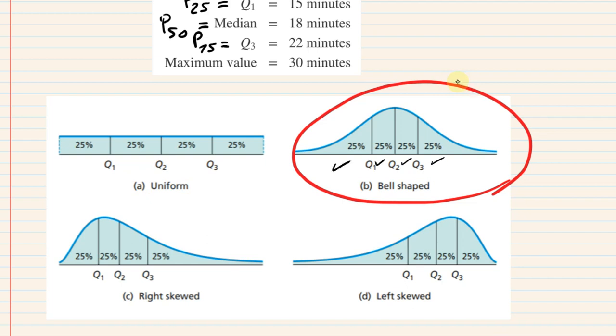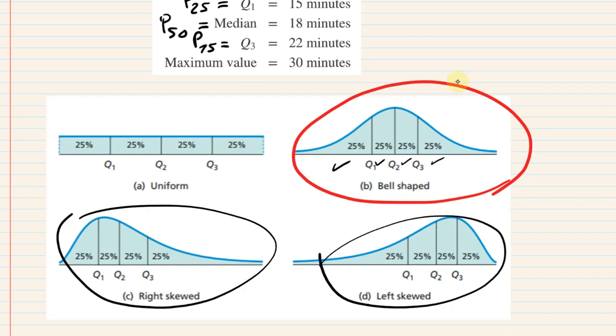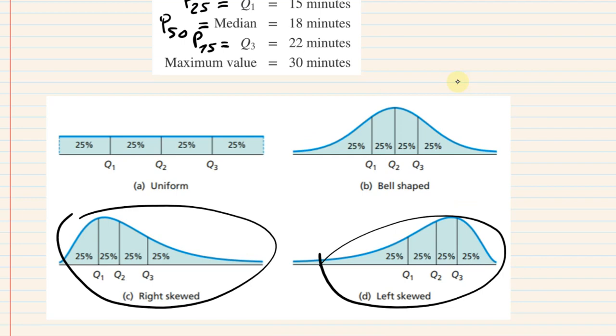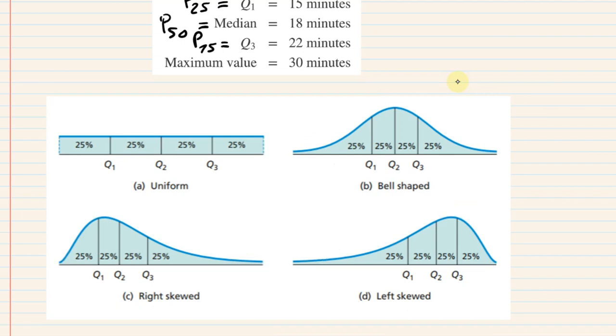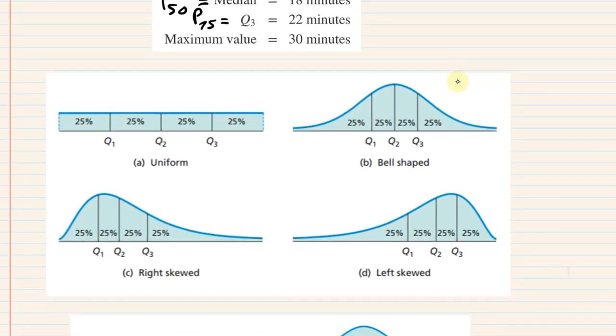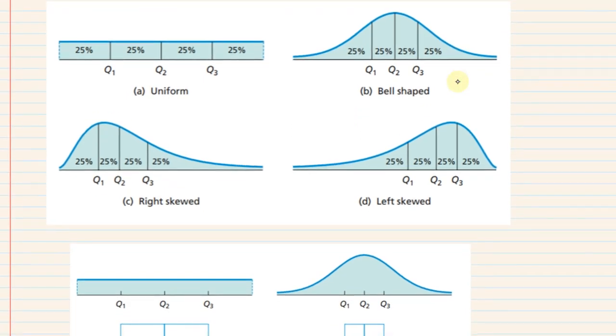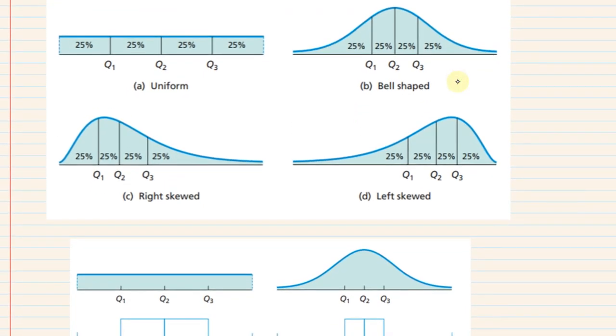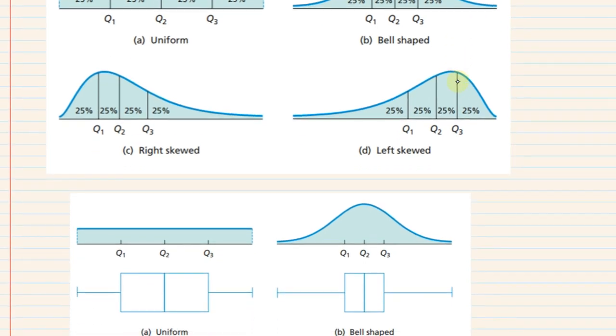And this is a right skewed distribution, and we're looking at the left skewed distribution here. This graph partitions each of these into segments that hold 25% each. Now look at the same distributions without the 25% marks, knowing that each segment holds 25%. We're going to look at the box plot of each of those.